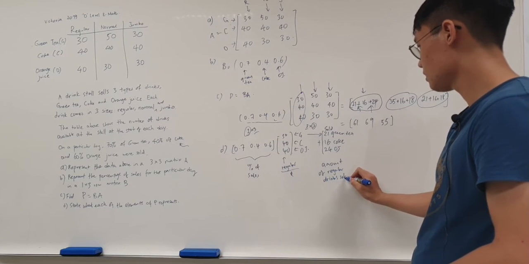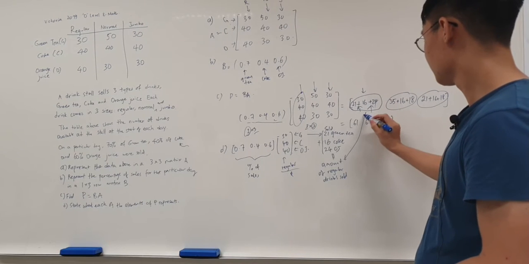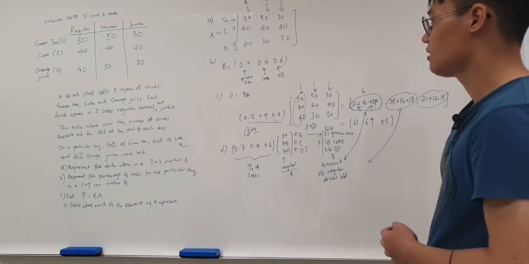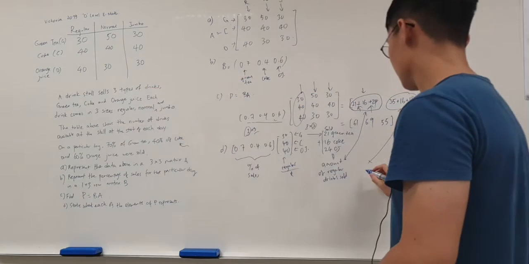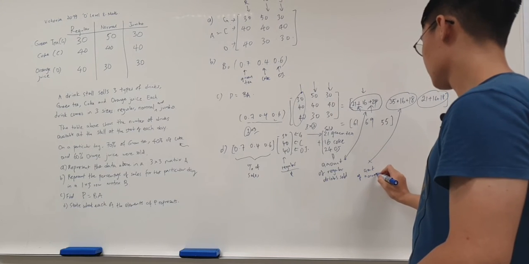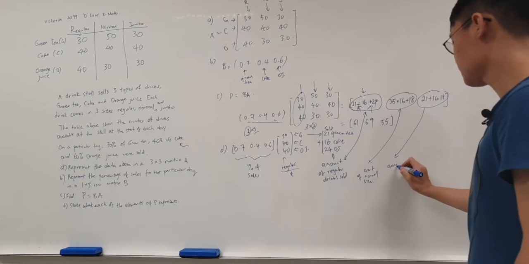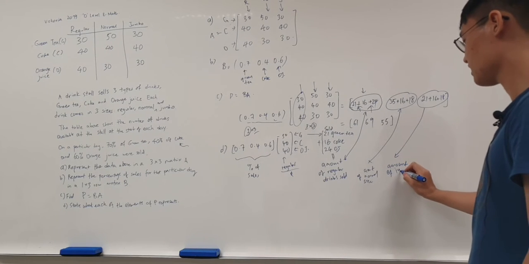So this guy represents this here. Okay? Now what is this? This is simply the amount of normal drinks sold. The amount of normal size. This will therefore be the amount of large size or jumbo size.